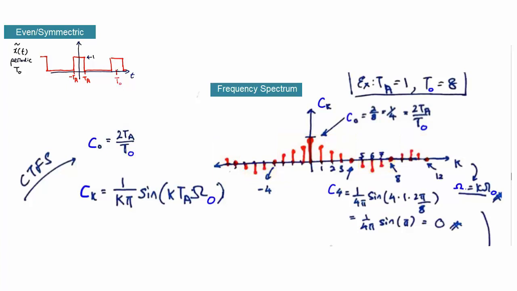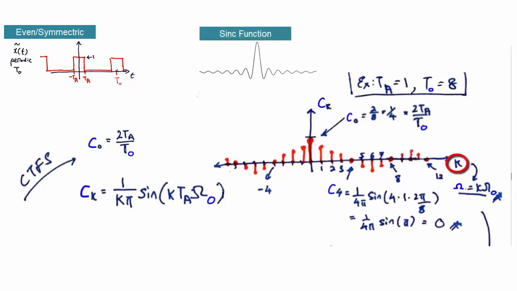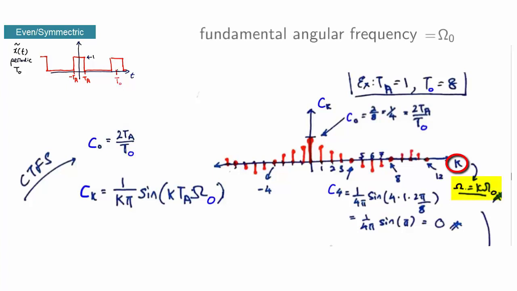The phase for positive values can be considered as 0, and for negative values can be considered as minus pi or pi. When we plot the values of Ck along k, we have the sinc function. What is important is to interpret what k is. K here is just a shorthand notation for the frequency k times omega naught.